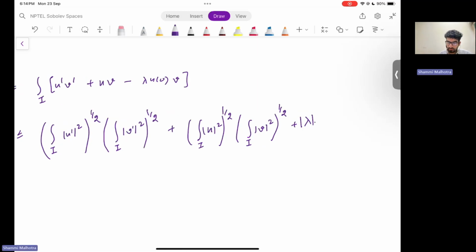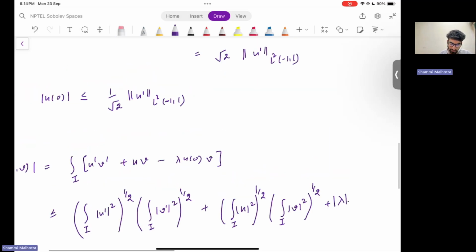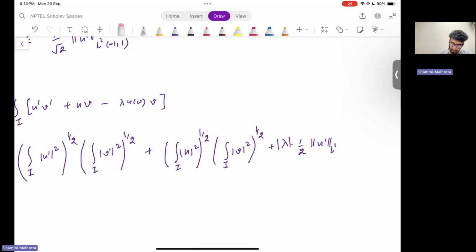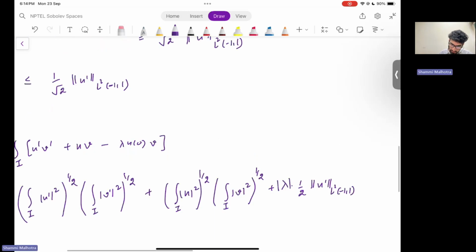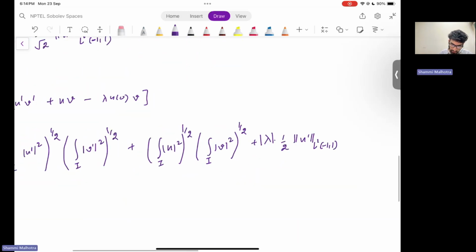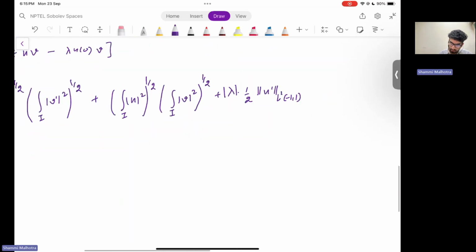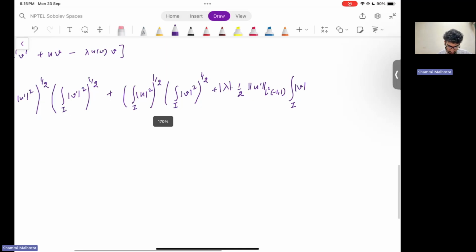and u0, as we have seen, can be bounded above by half of the L2 norm of u', and then the remaining portion will be just an integral of v only. Here I can use again the Hölder inequality to get the same bound.